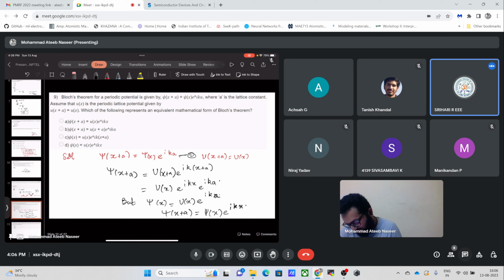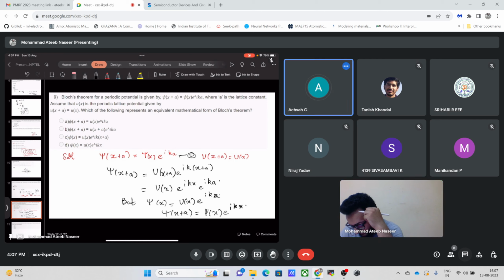Since this equation also represents psi of x plus a, we can equate and we will cancel out the e power ik. You will just get e to the power ika equal to this e to the power ikx. Yeah. But that's not what I was looking for. The question is about psi of x plus a, not psi of x.